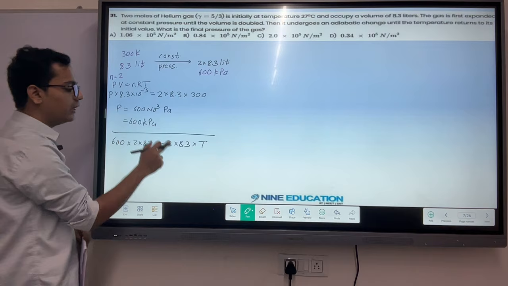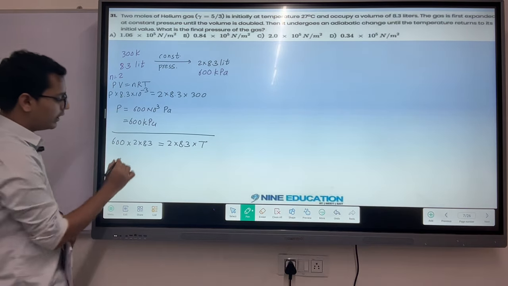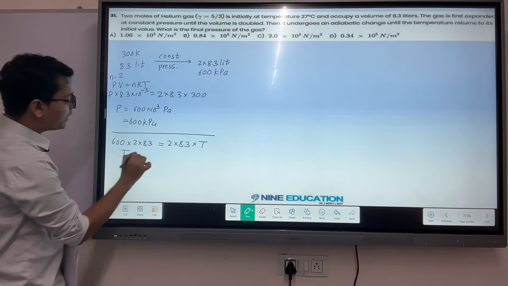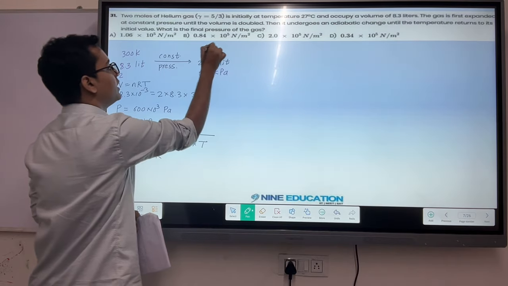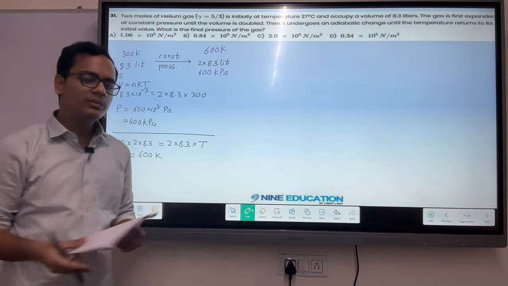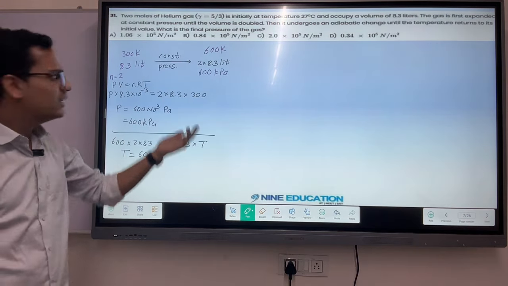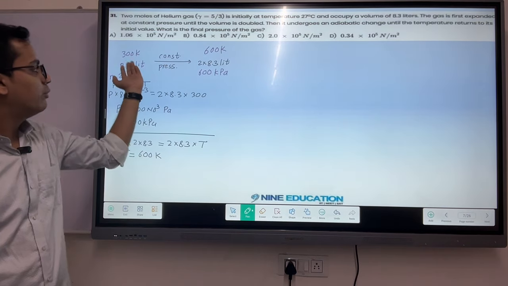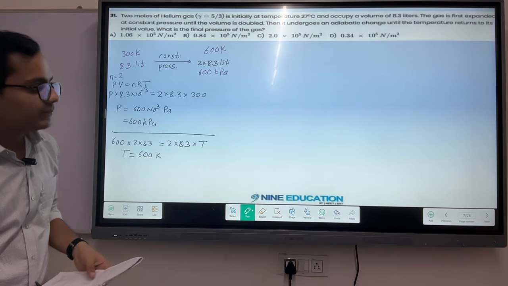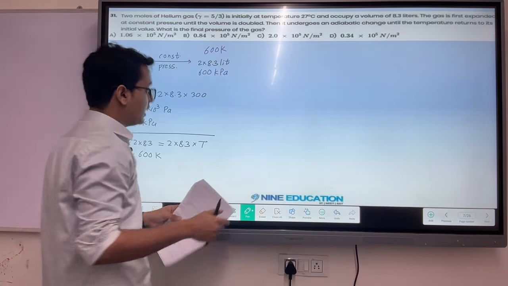Again PV equals nRT. Clear? From here I will get temperature as 600 Kelvin. So I just used the PV equal to nRT equation two times, and since the pressure is constant, it is 600 here also.